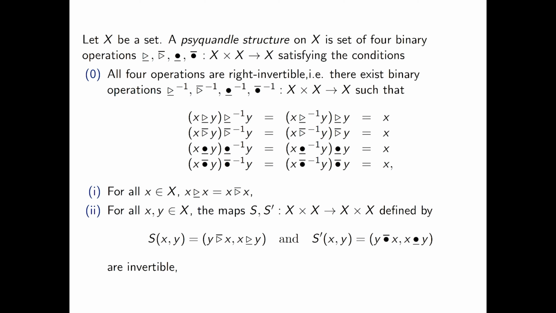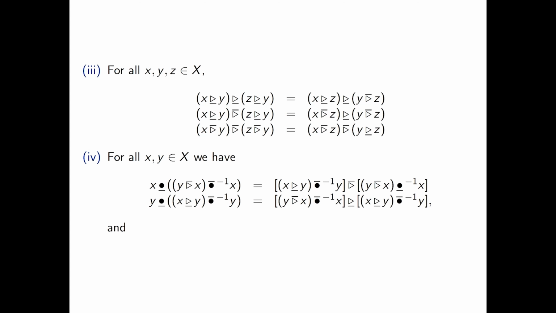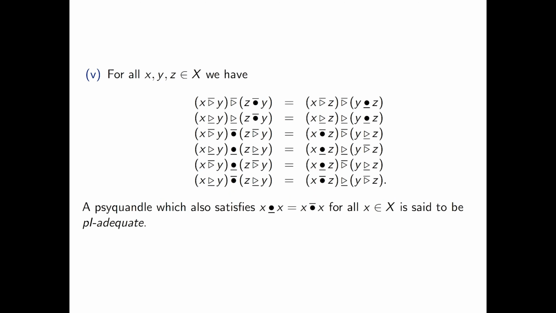Here we have that these 4 operations are invertible, and then these operations satisfy the following 5 axioms: 1, 2, 3, 4, and 5.